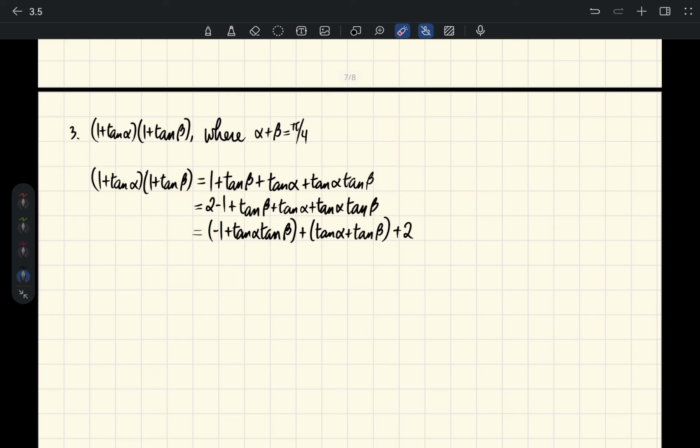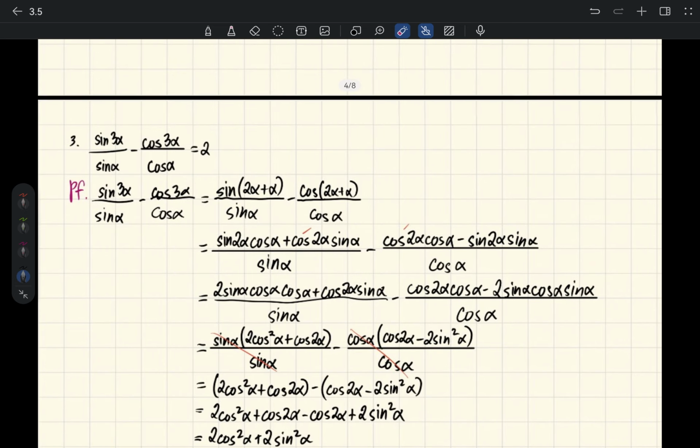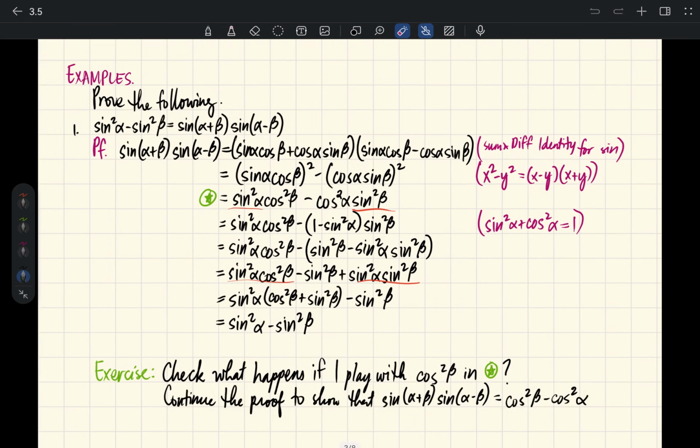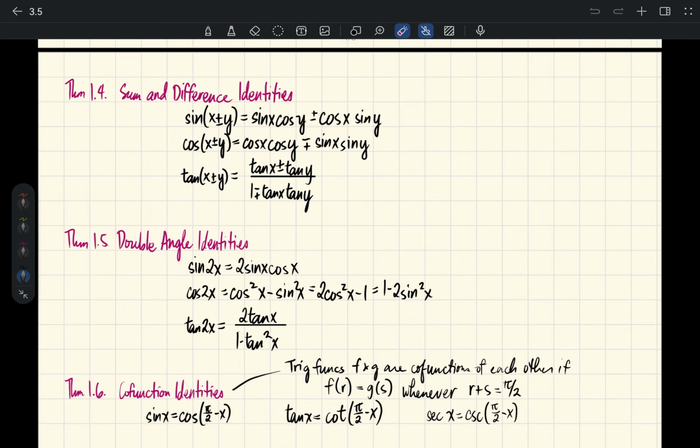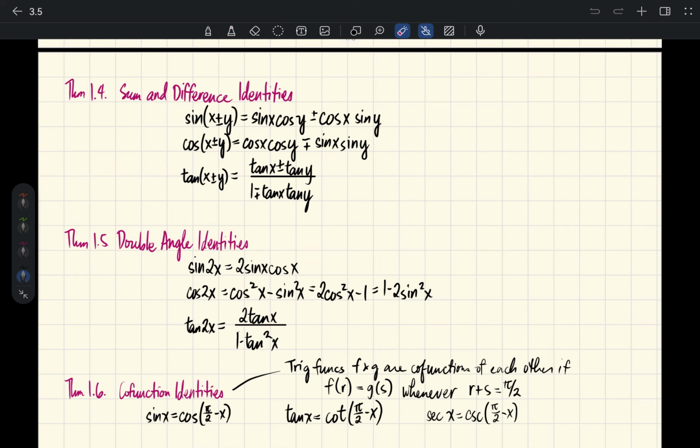So why did I do that? Observe, you are given a condition alpha plus beta equals pi over 4. So, since you have a condition on the sum of two angles, you want to use this identity in some manner.